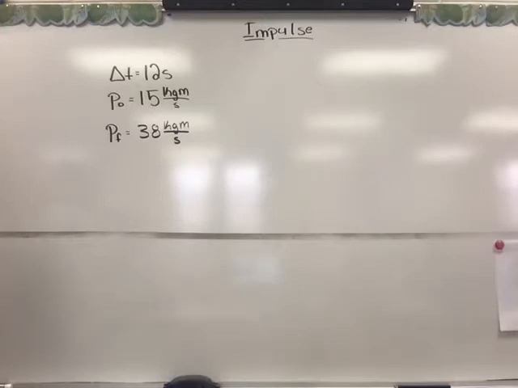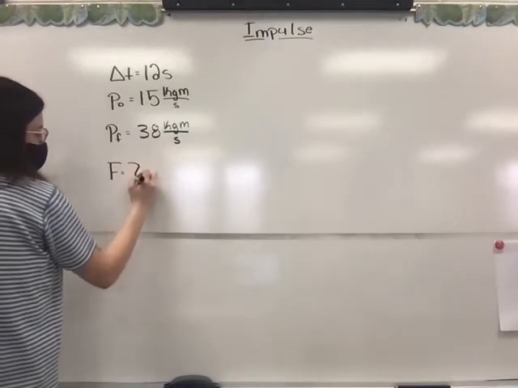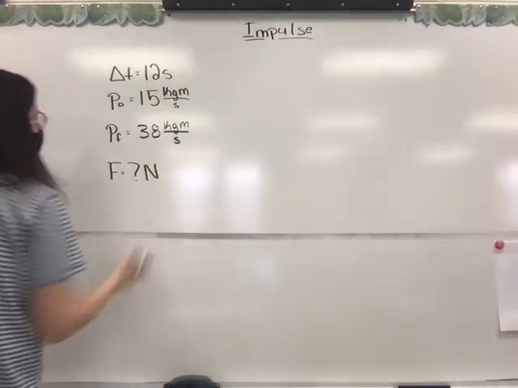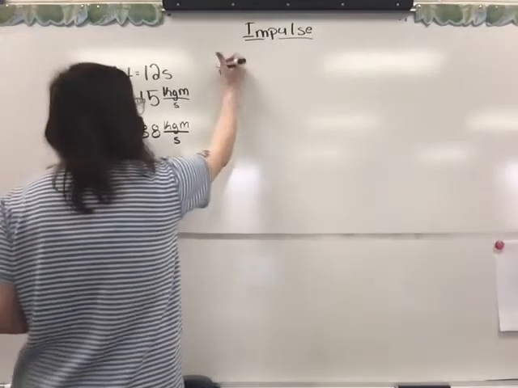Now, what we want to know is what is the force that's been applied, okay? So do you think we need to start out right away with impulse is equal to force times the change in time, or that impulse is equal to the change in momentum? Yeah, we're going to start out with that it's equal to the change in momentum, okay?